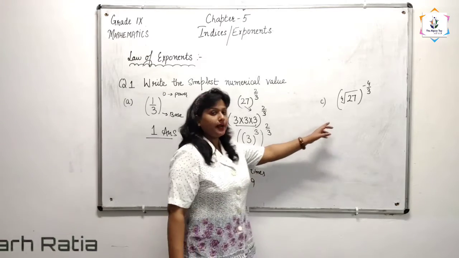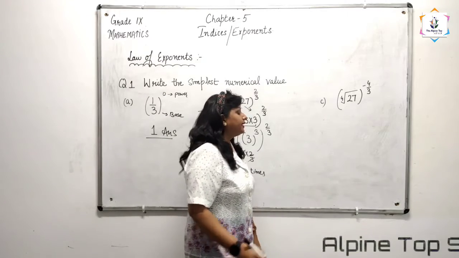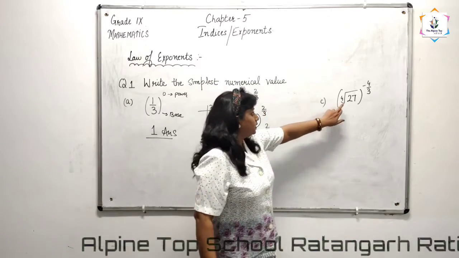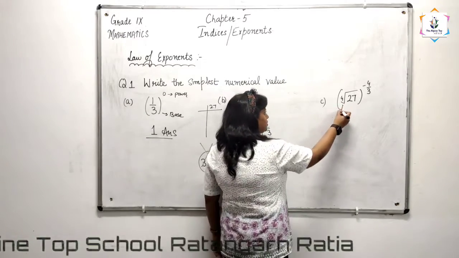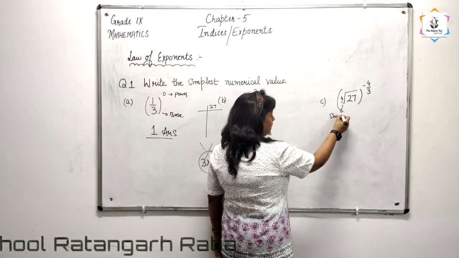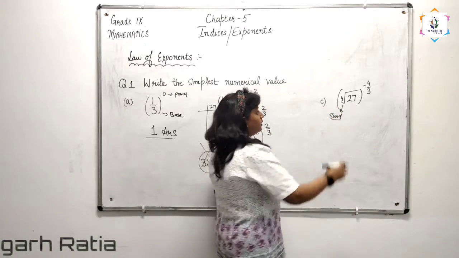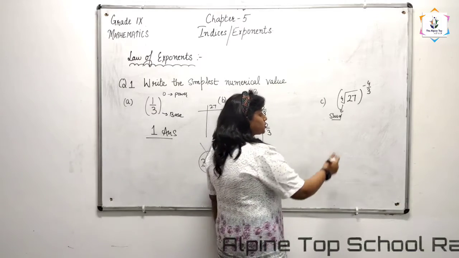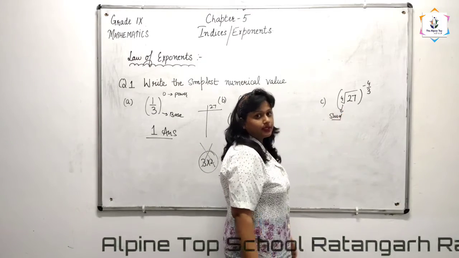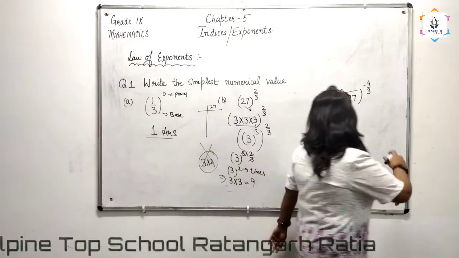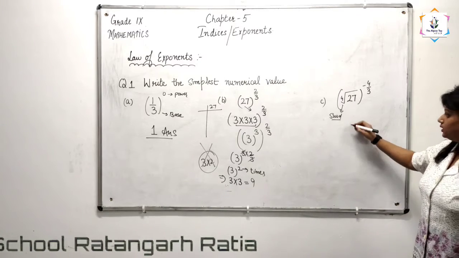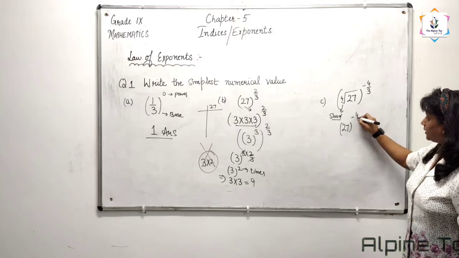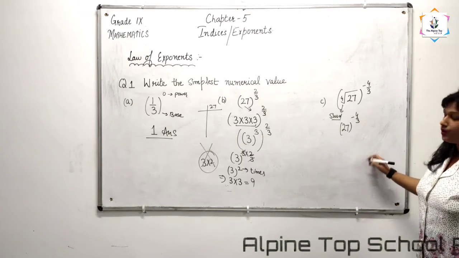Now look at your C part. In C part, 27 raised to power minus 4 by 3, and there is a third given. So first of all, whenever a third is given to you, what will you do?